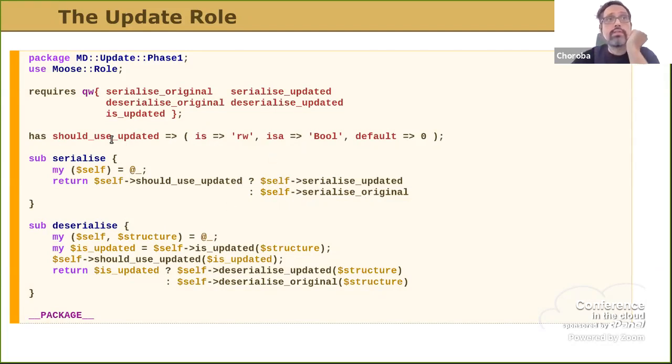But if we should use the updated object, we can store the updated object. This doesn't happen in phase one, but we are ready for that. And when deserializing the object, we check the structure, whether it's in the old or the new schema. If it's the new, we set the object to use the updated schema, and again, use the correct method to deserialize the structure or to inflate the object.